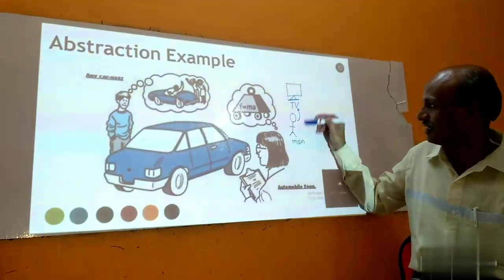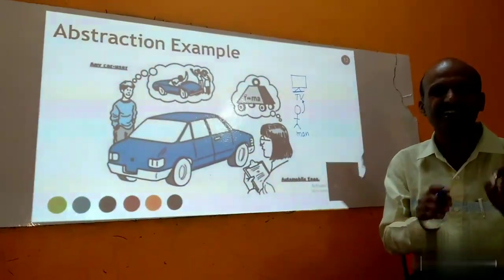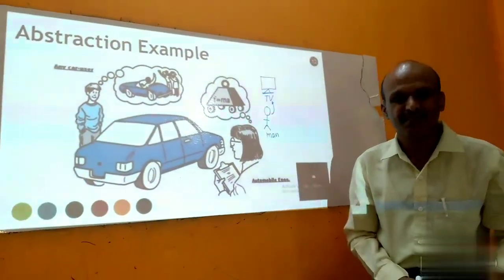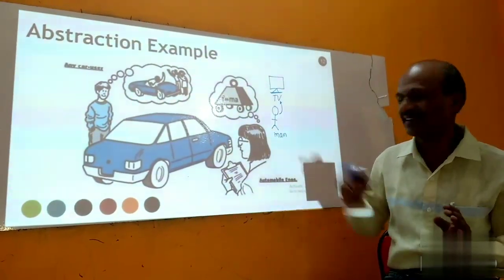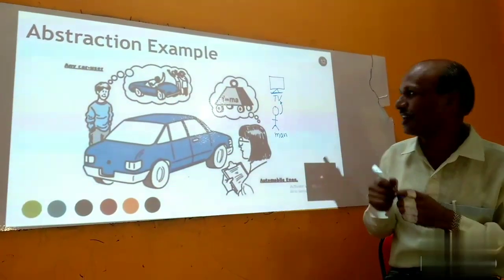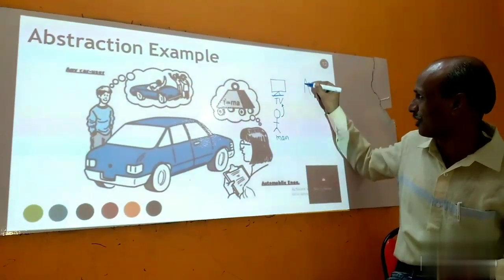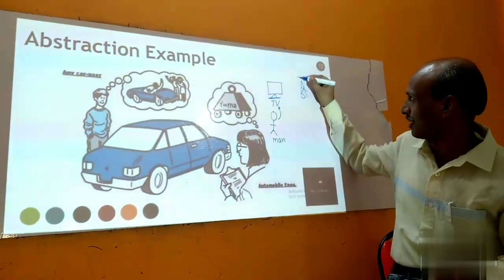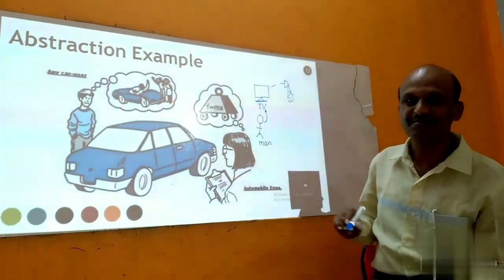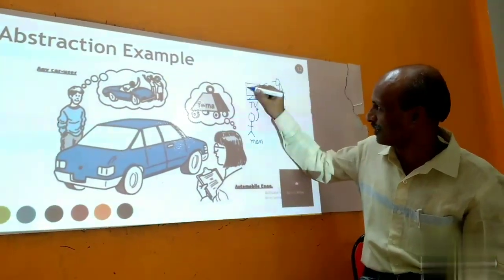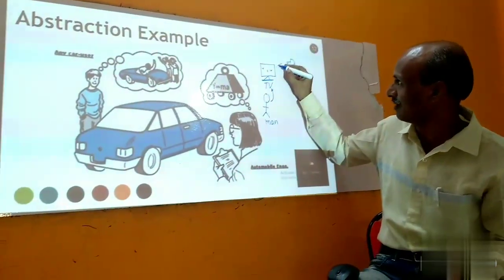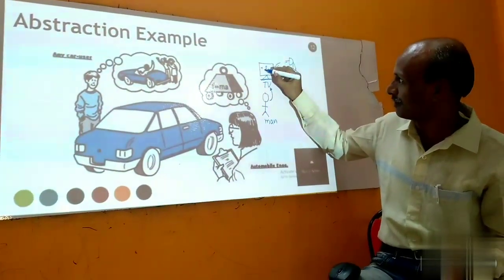He is thinking that this TV is an entertainment device. That is the important thing for this man. He is neglecting other background details, such as how signals propagate from the tower to my TV set, or what the internal circuitry of the TV is which converts this signal into a picture.